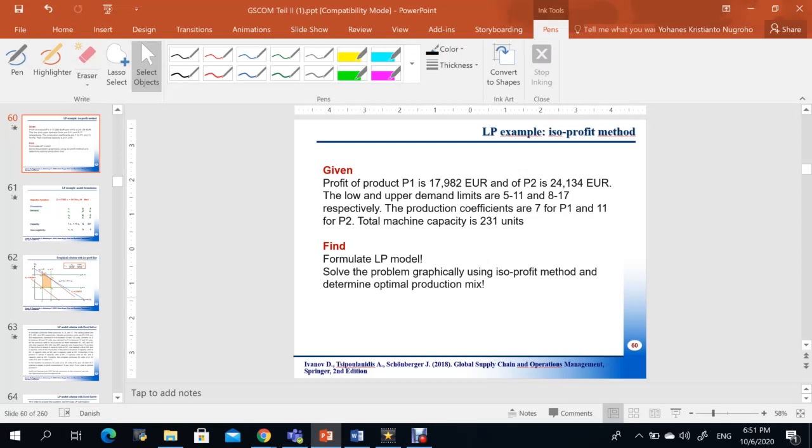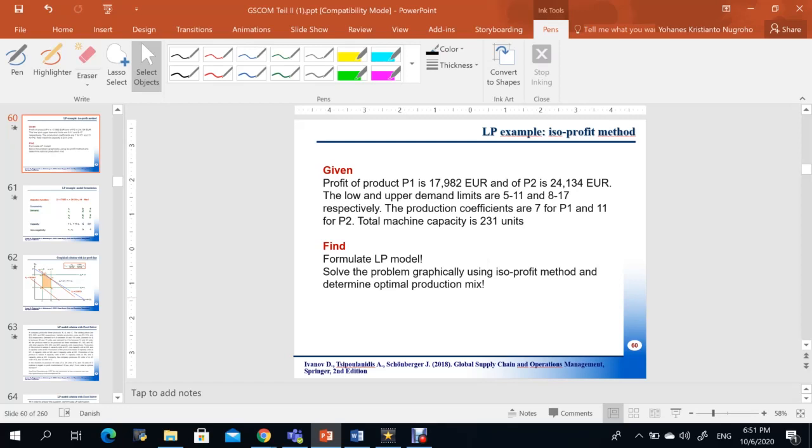Okay, now let's go to the next example of applying linear programming to our capacity planning. First, it is given the profit of product P1 is 17,982 euro, and P2 is 24,134 euro, meaning that is the profit of 1 unit of P1 and 24,134 euro for 1 unit of P2.